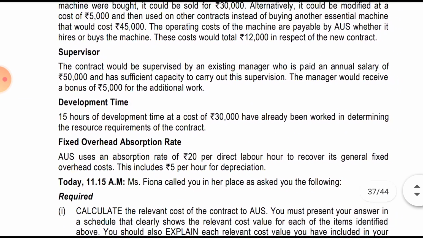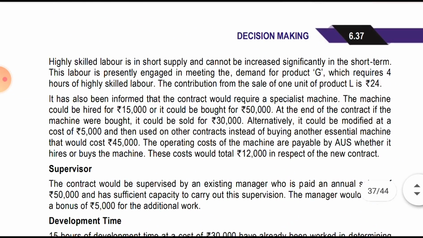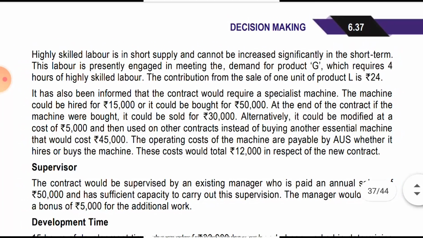Then supervisor, sorry, this paragraph, the machinery thing. We are still reading the question only. I thought I should clarify, else it will be a confusion.